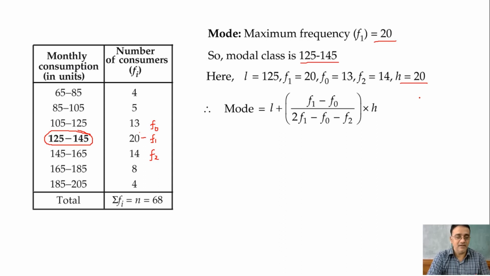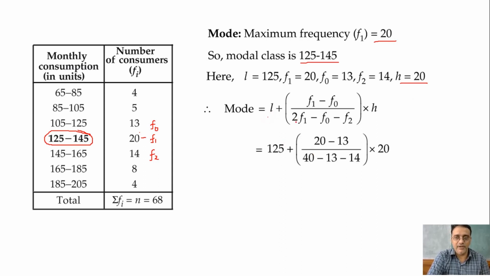फॉर्मूला लिखने के बाद सब्सटीट्यूशन है, सब्सटीट्यूट कर रहे हैं. So 2 into F1, that is 2 into 20, 40 हो जाएगा. 20 minus 13 is 7, we'll get 7 here, and 40 minus 13 minus 14, that is 40 minus 27, we'll get 13.